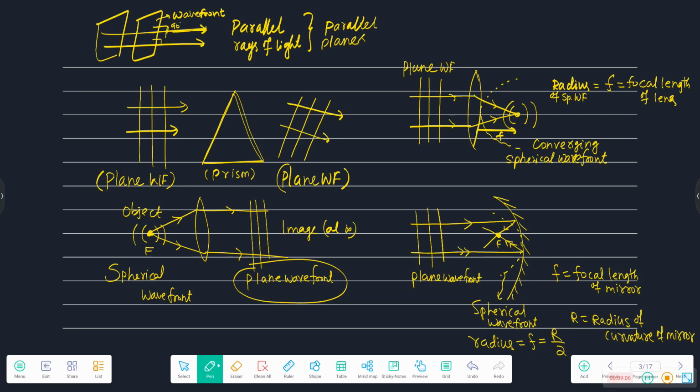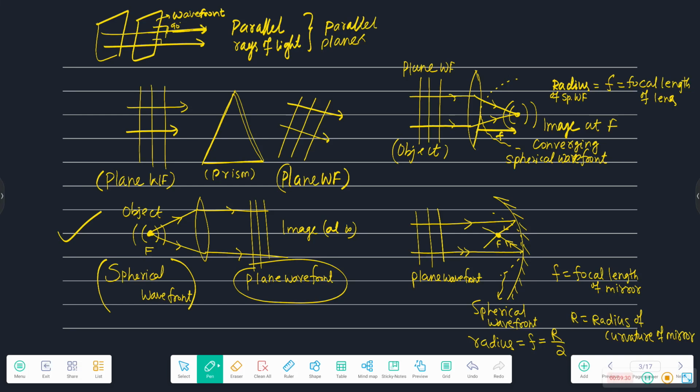Next, if a spherical wavefront is there at the object, this is your object here, and your image is at the focus. So if the object is at focus, then the image will be at infinity, so the spherical wavefront will become a plane wavefront.